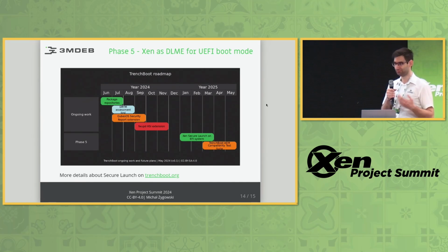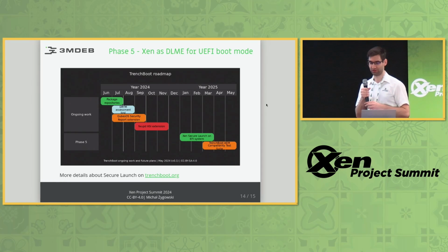The flow should look like this: GRUB does the exit boot services, we do the dynamic launch, we jump into the Xen dynamic launch entry point, clean up the state after the dynamic launch, and then proceed with the plain multiboot 2 for legacy BIOS.